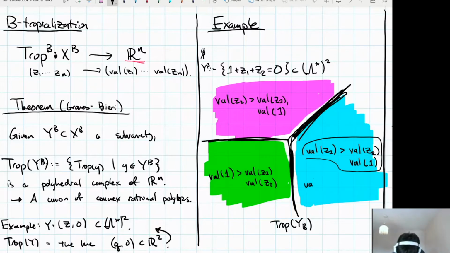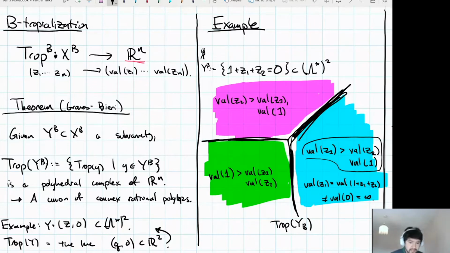So over in this region, the valuation of z1 is equal to the valuation of 1 + z1 + z2, which is not equal to the valuation of 0, which is infinity. So there can be no points of Y_B which lie in this right third of the plane. Similarly, there are no points of Y_B that lie in the top third of the plane because that's where the valuation of z2 dominates. And there are no points that lie in the bottom third of the plane because that's where the valuation of 1 dominates.